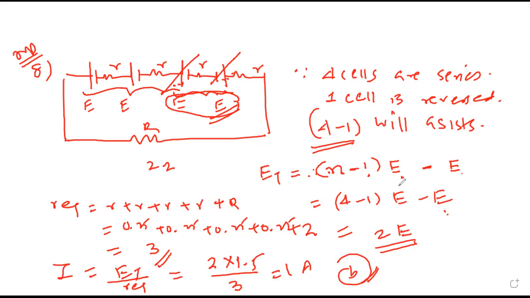Out of 4, 1 is reversed, so that reverse will cancel another one. So the only voltage left is by 2 cells, which is 2E.